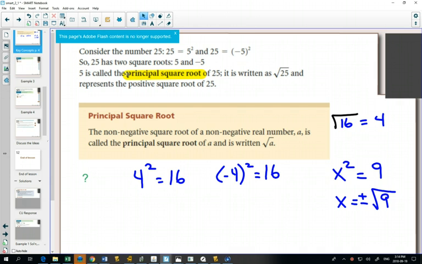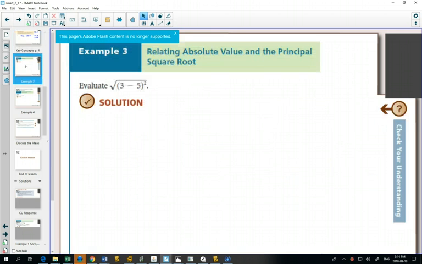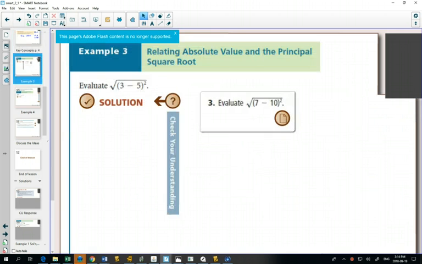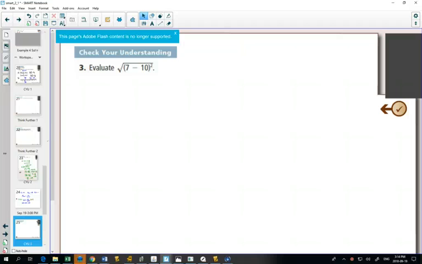What does that mean for questions? Well, if we go to example 3 here, what happens when we evaluate the square root of 7 minus 10 squared? Well, if I start simplifying inside the bracket, 7 minus 10 is negative 3.